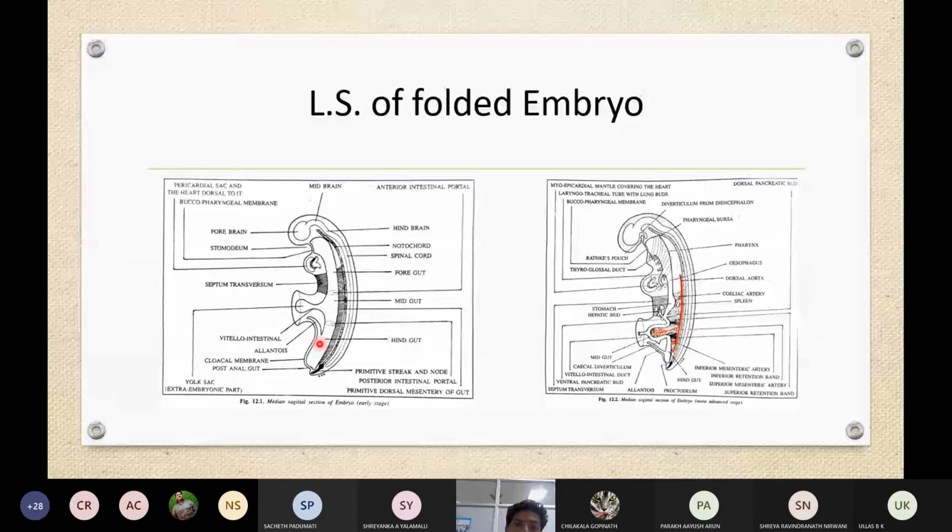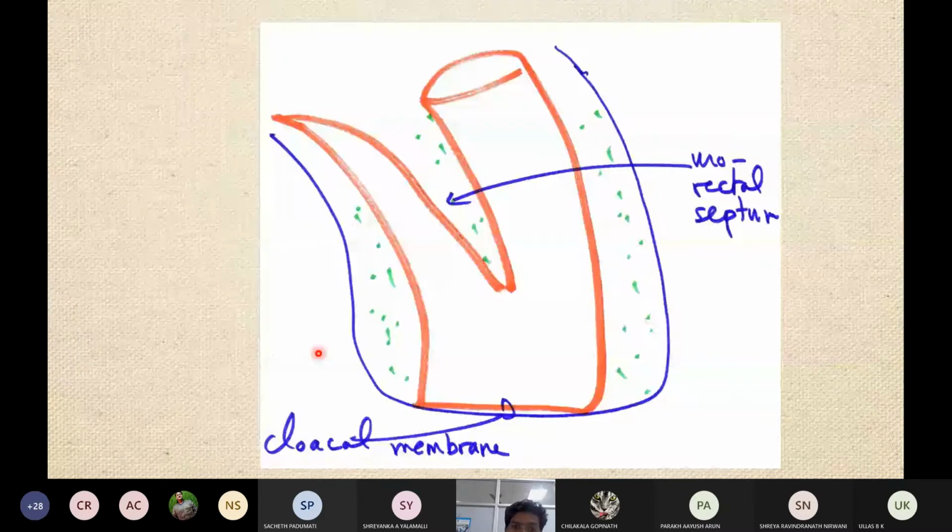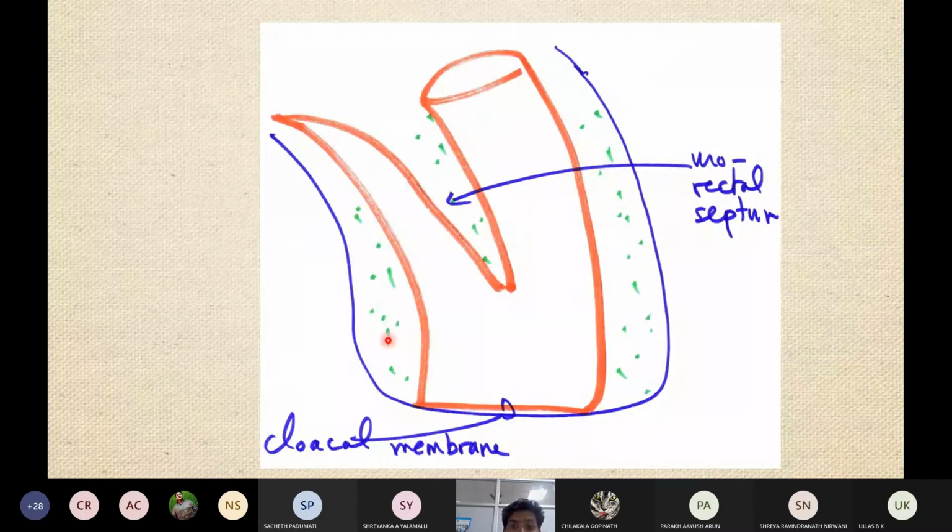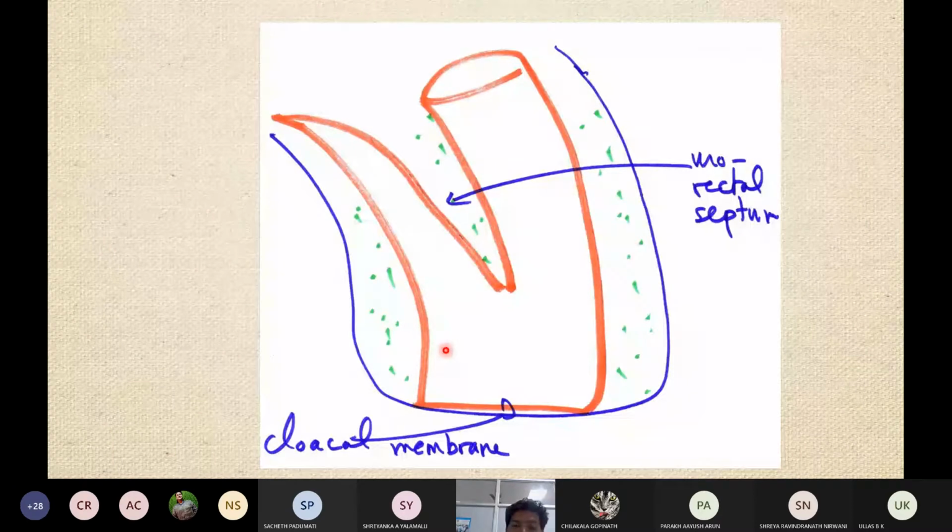So this was the allantois which was present here. This will develop into the urorectal septum. The urorectal septum is the one which is actually dividing this cloaca. The hindgut is trying to be divided over here.